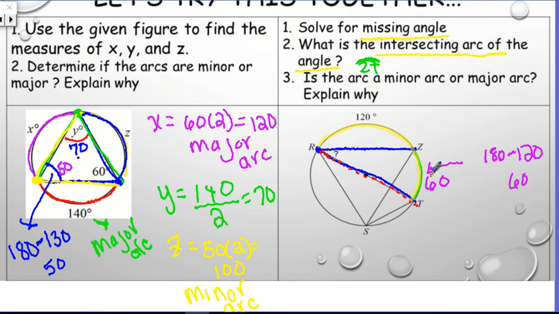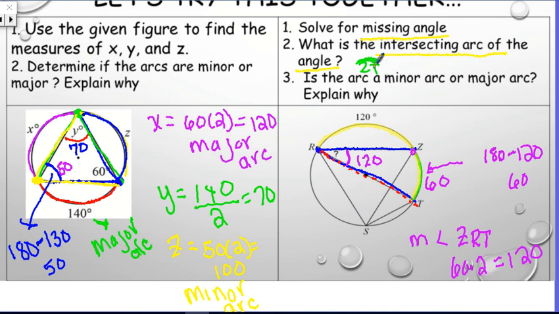If I know that the outside of this is 60 and this is an inscribed angle, then the measure of angle ZRT, Z to R to T, that's the angle in between, is going to be 60 times 2, which is 120. And we found the missing angle to be 120 degrees.